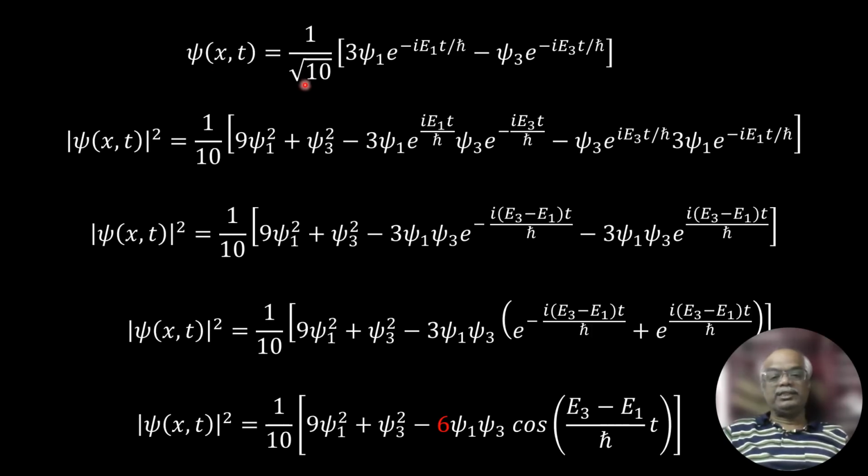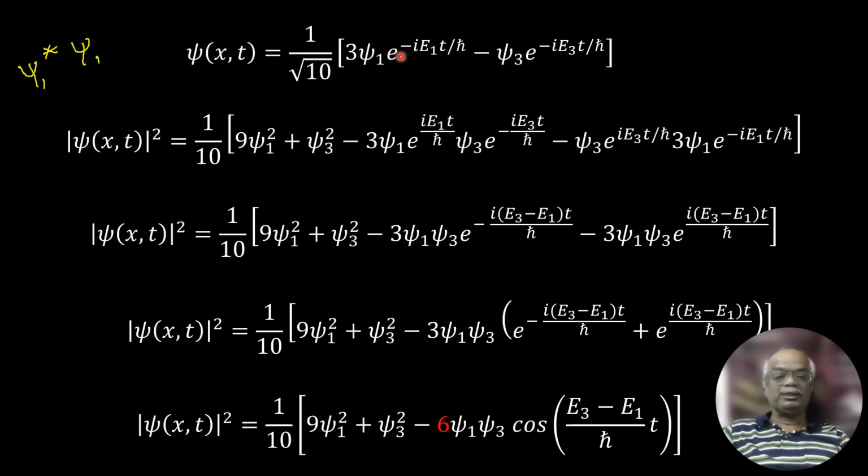Now we got this time dependent wave function. Now we have to take the modulus square of this one. First you take the modulus square of the first term, that is 3 psi 1 e power minus i E1 t over h cross. If you take psi 1 star psi 1, then you will get 3 into 3, 9.